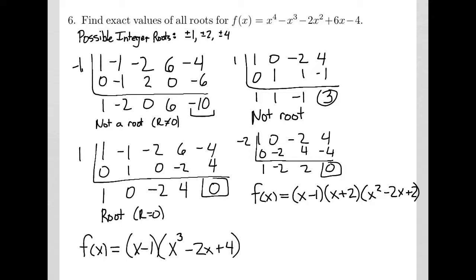And now all that's left is to think about the roots. I need to see if this quadratic has any additional roots. And so I can solve that using the quadratic formula. X squared minus 2x plus 2 equals 0 has roots when x equals -b plus or minus the square root of b squared, that's 4, minus 4ac, 4 times 2 times 1 is minus 8, all over 2a.